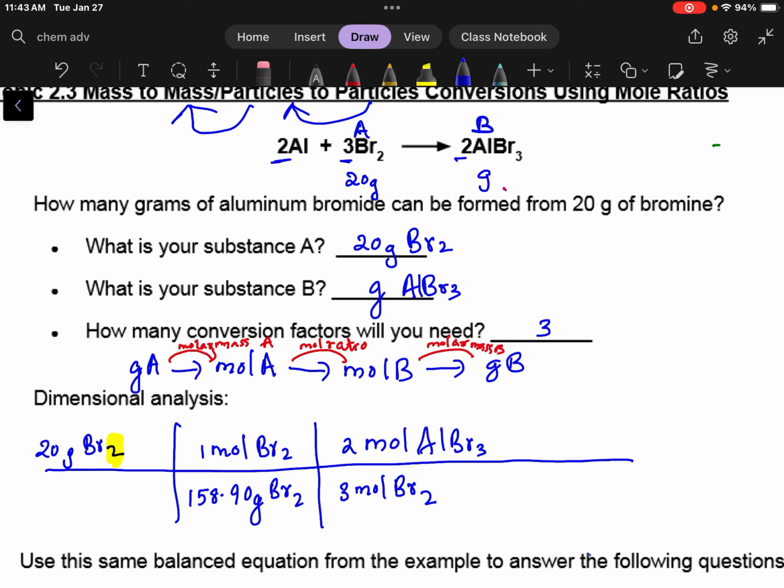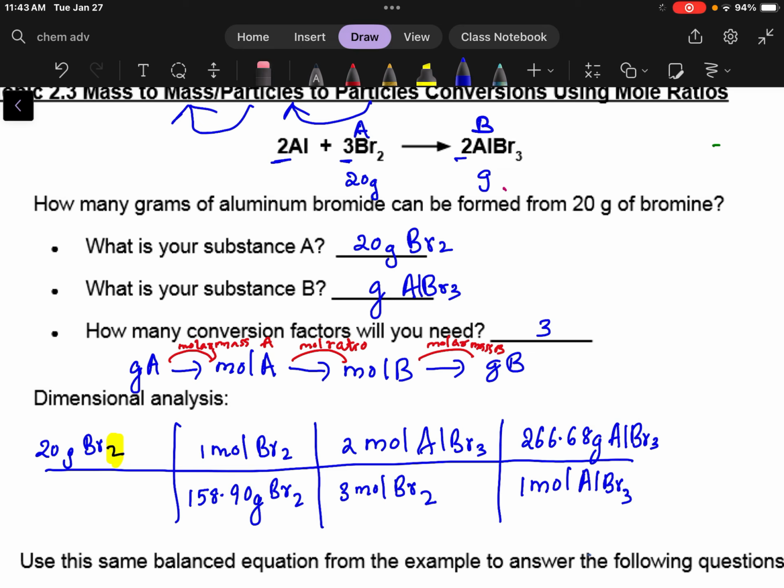Now, if the question is asking for moles, you have to stop here. But no, this time you need to go for grams. So you will write 1 mole of aluminum bromide, which is 266.68 gram. We already calculated that in the previous practice, so you can use that.